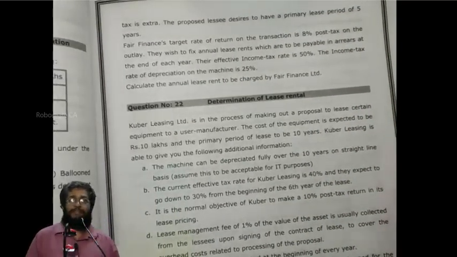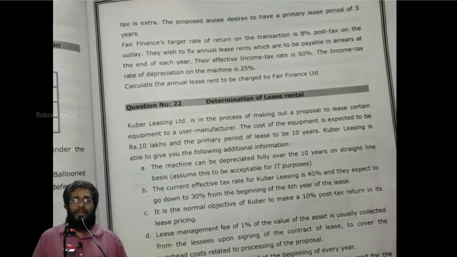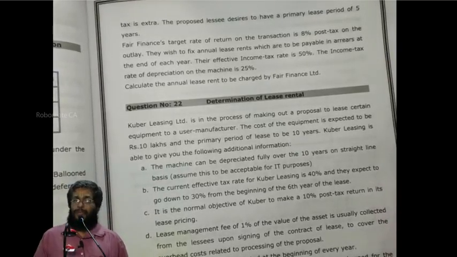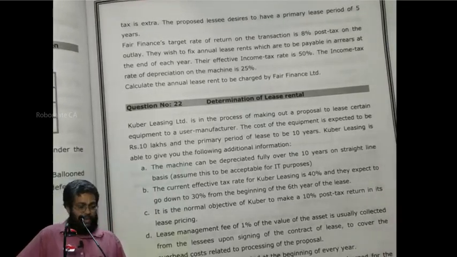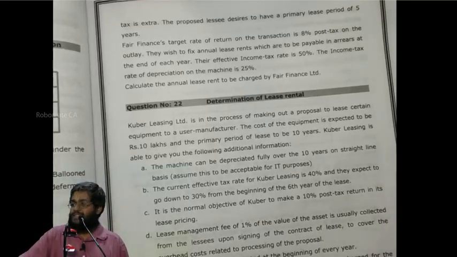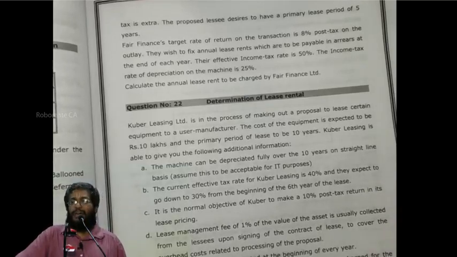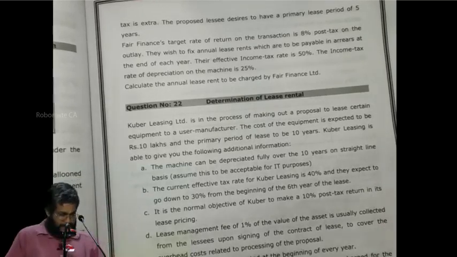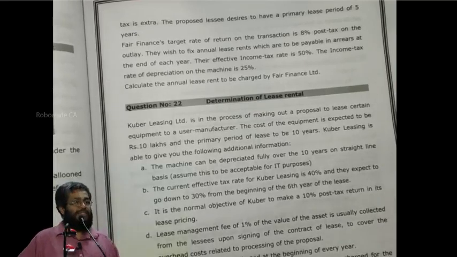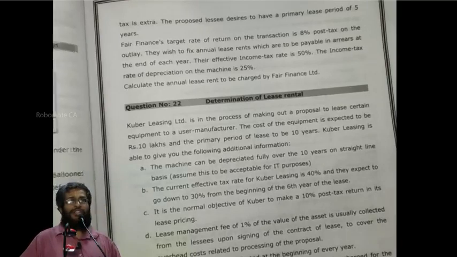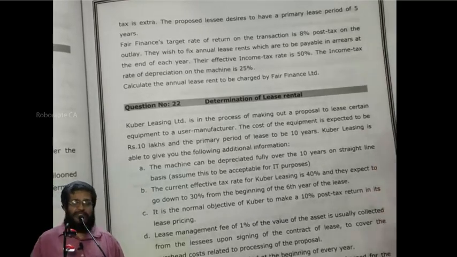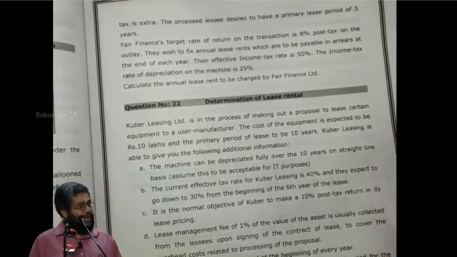Step 1, cost of asset financed, in brackets, building construction cost. You don't pay for land, you only spend for constructing the building. Cost of asset finance, building construction cost. Underline that.